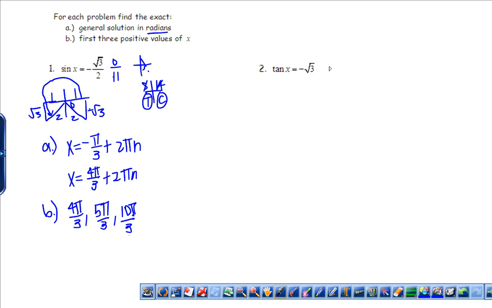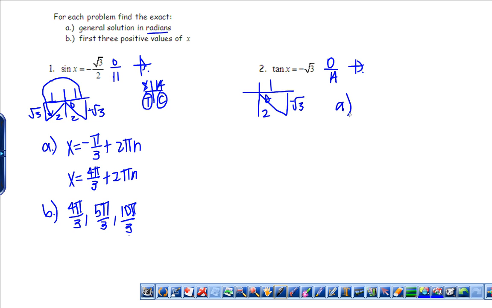Let's look at tangent. Tangent is opposite over adjacent, and my restriction is on the side, and it's going to be on the bottom. Remember, tangent only has one general solution. So I'm going to build this on the bottom. Opposite is going to be root 3 over adjacent. This is going to be negative, and this is going to be 2. So again, my theta is going to be 60 degrees.